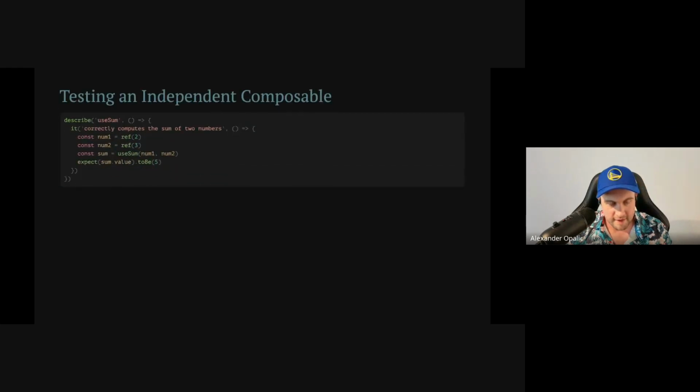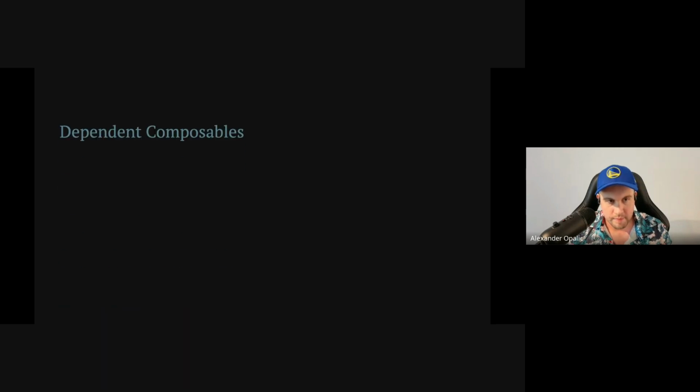And this is kind of easy to test. The only difference to a utility is that we need to have a ref, and then the use will be reactive. And yeah, this is, I think, the easy to test composable.